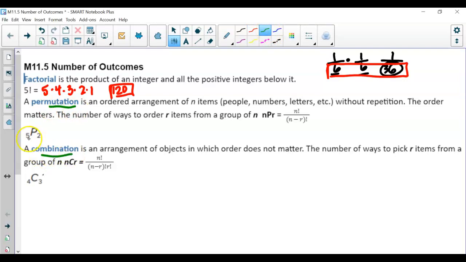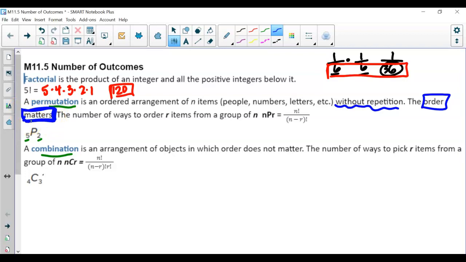So if I have this 5P2 here, this means that there are 5 total items and we're making the groups of 2. But here's the thing about permutation and combination. Permutation is without repetition and order matters. That's the key. Order matters with the permutation.